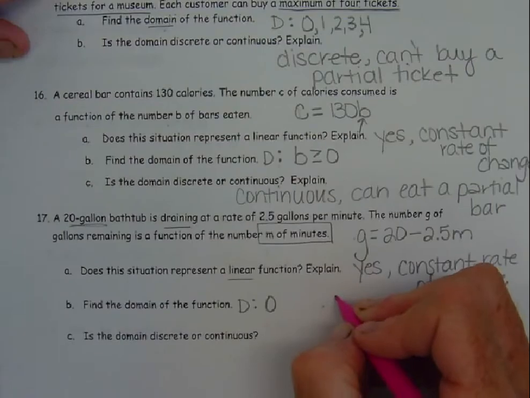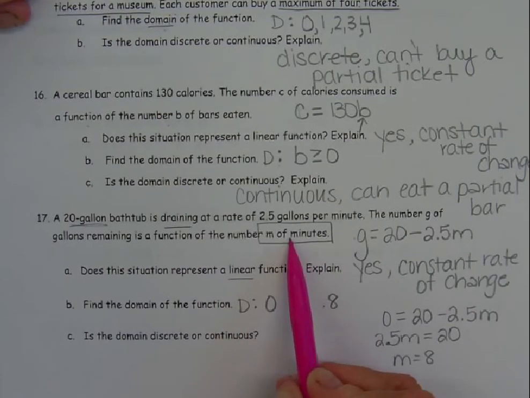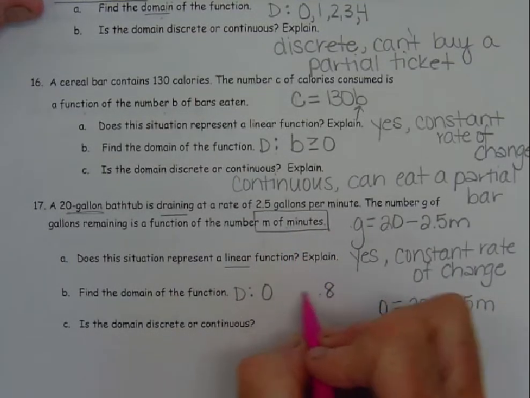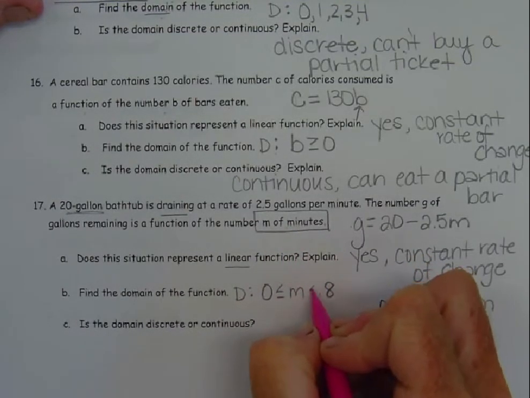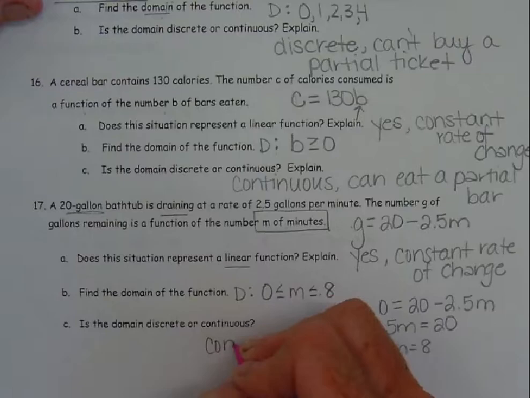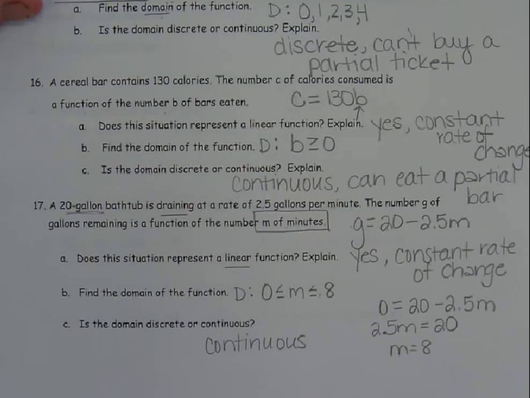So I know my end number is 8. The question is, can you have a half a minute? Because you can drain it for 4.2 minutes, we know that this is not going to be a list, but instead it's going to be an inequality. Once you see that this is an inequality, you then know that your domain is going to be continuous.